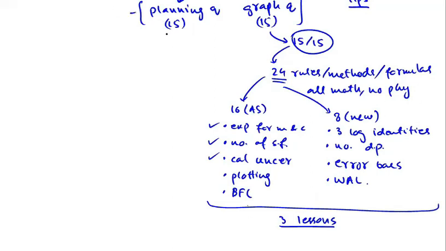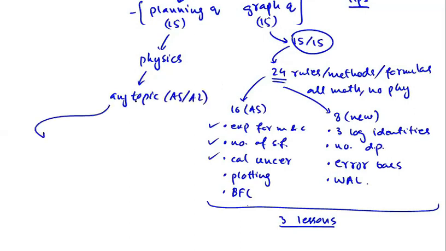The planning question is a relatively difficult question. Why? Because to do the planning question, you should have sound knowledge and understanding of principles and laws of physics. Moreover, the planning question can come from any topic of physics, from the AS or A2 syllabus.